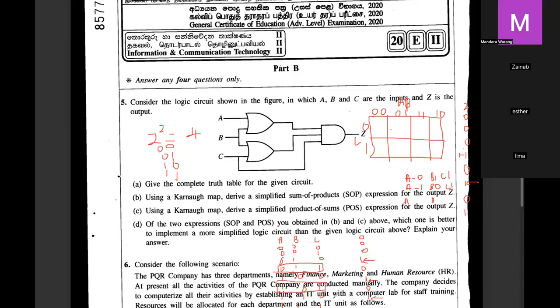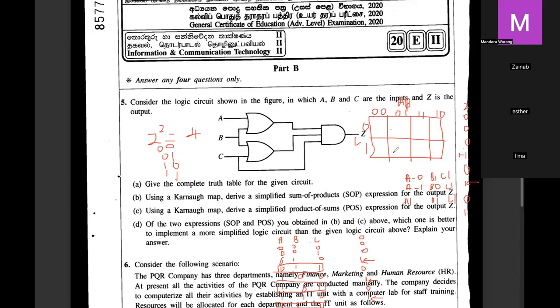So then it's 1, 1, and C is also 1. Right? So here we have to mark these places which come as 1. So A becomes 0, B becomes 1 and C becomes 1. What's the place in this Karnaugh map? The third one.